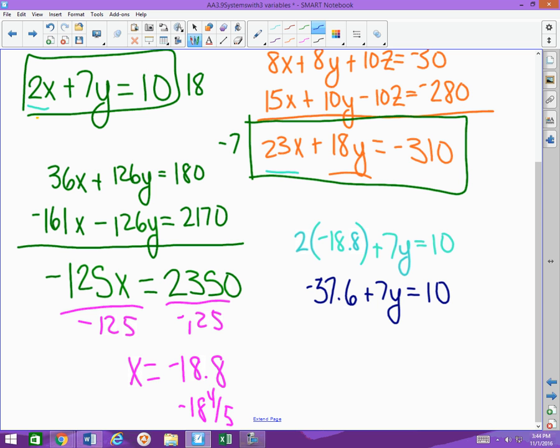And then you would add 37.6 to get 7y is equal to 47.6.